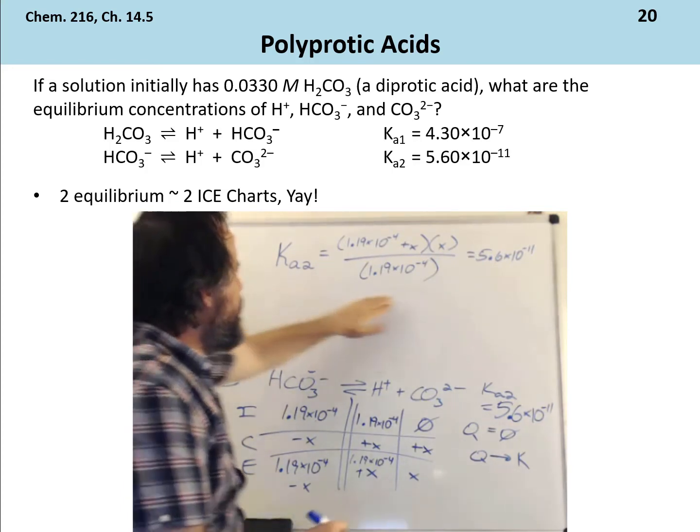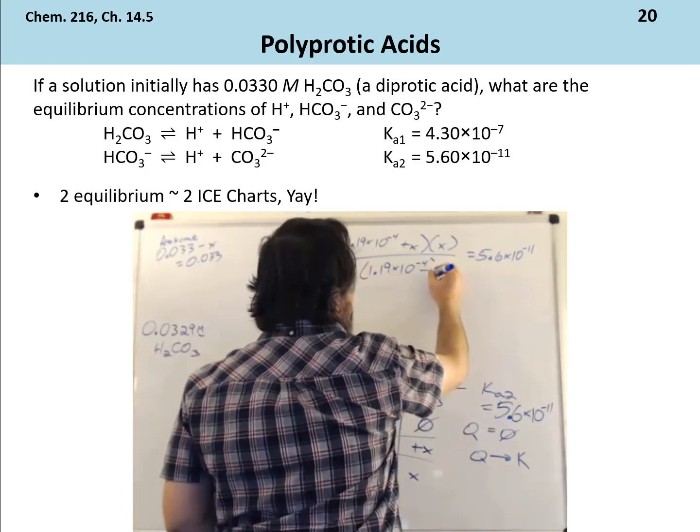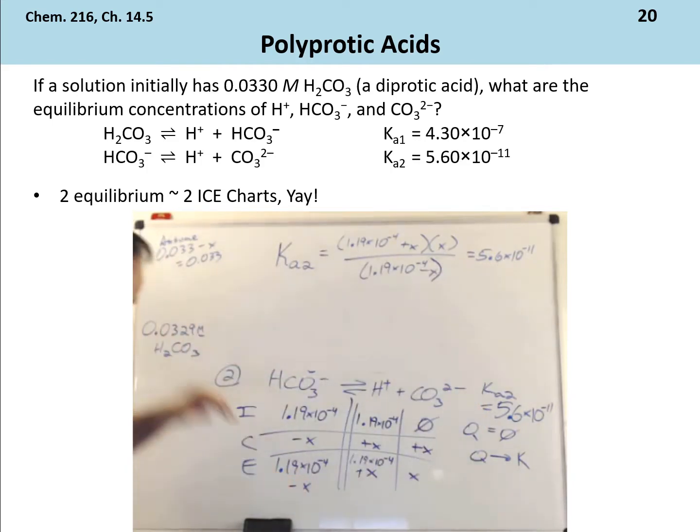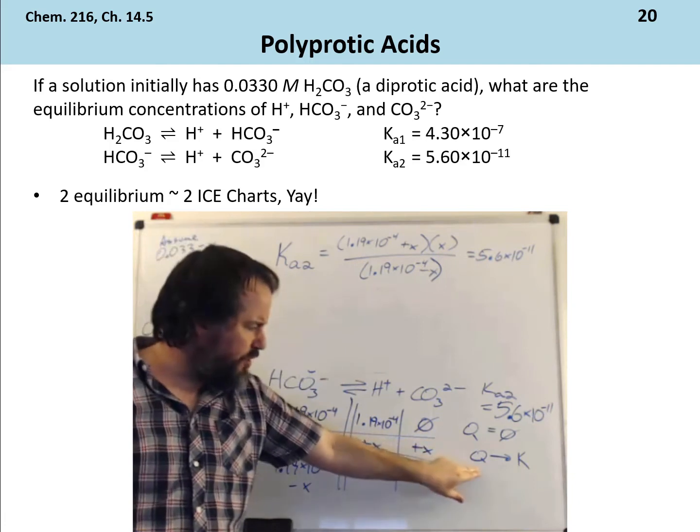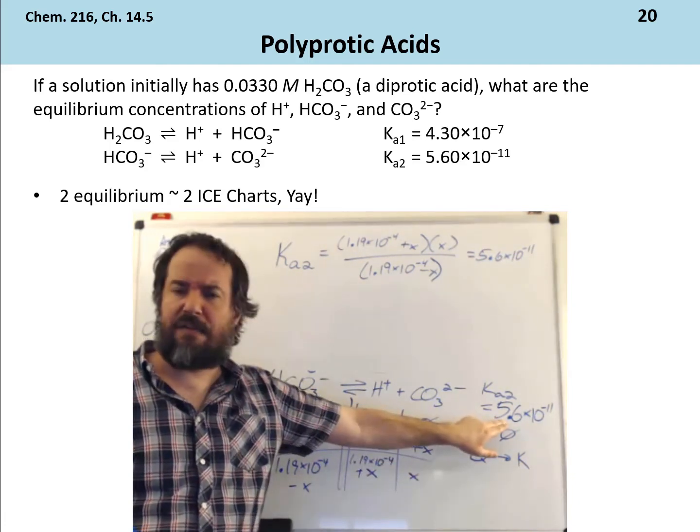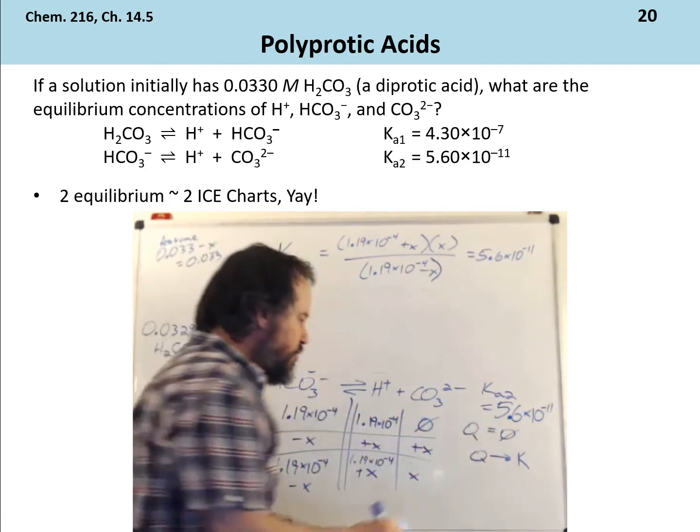Oops, this is minus x, because this is minus x. Now I can think my Q is 0, my K is 5.6 times 10 to the minus 11. So what does that mean?